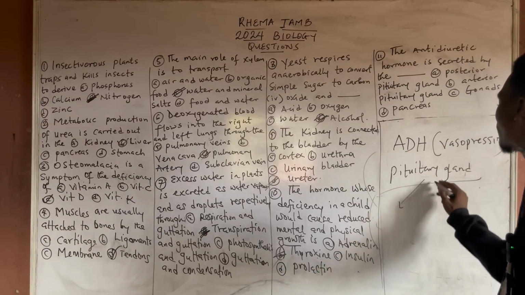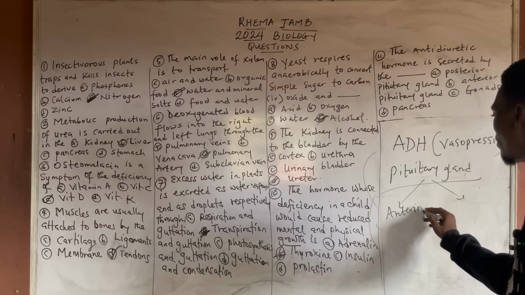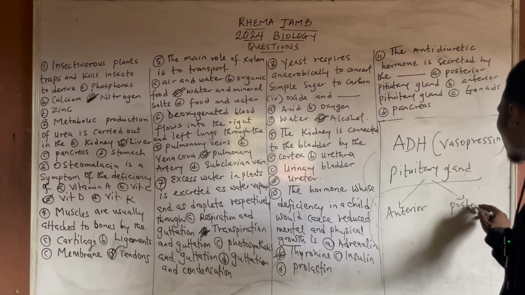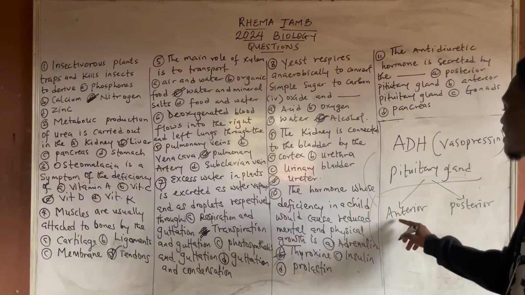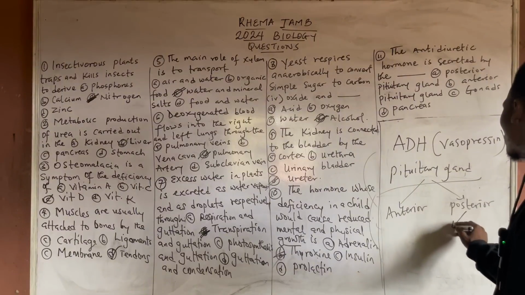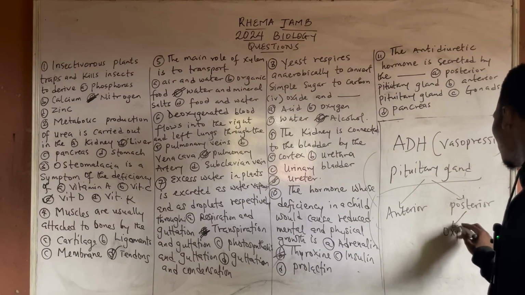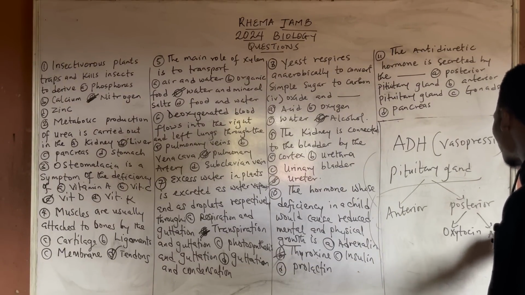We have two regions of the pituitary gland: the anterior pituitary gland and the posterior pituitary gland. These regions secrete hormones. The anterior secretes more hormones than the posterior. The posterior only secretes two hormones, and what are they? Oxytocin and ADH, which is antidiuretic hormone.